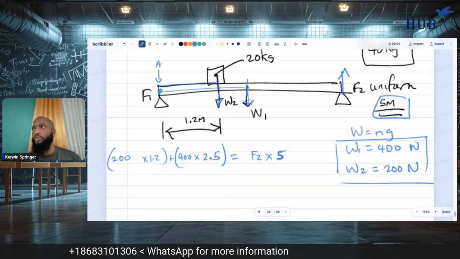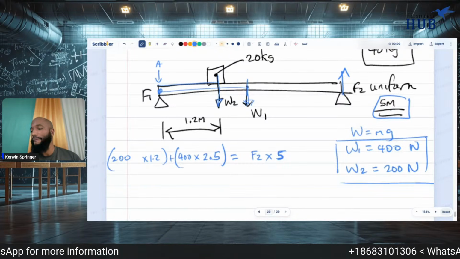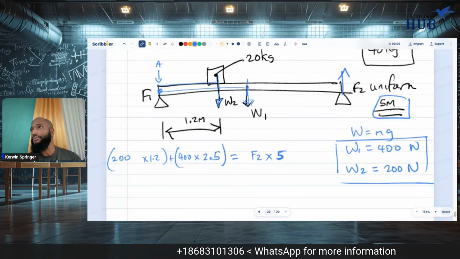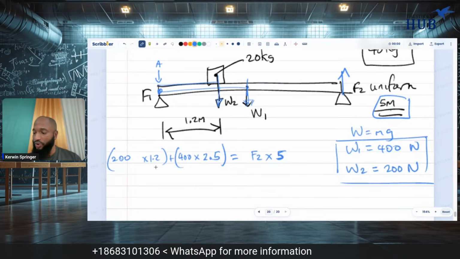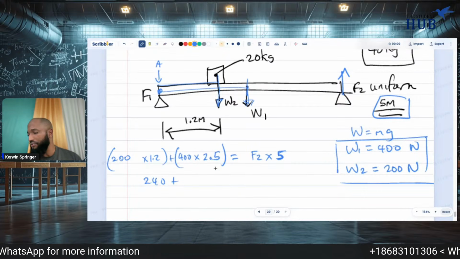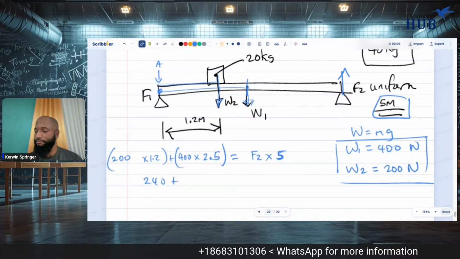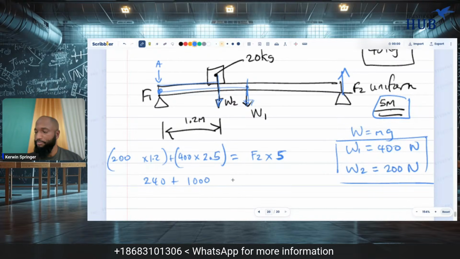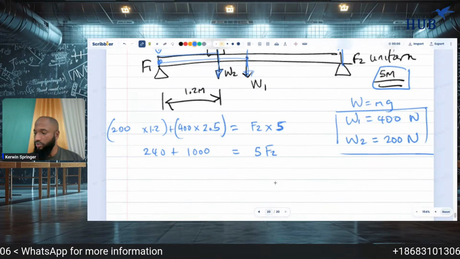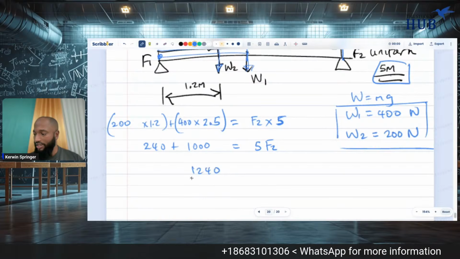So 200 times 1.2 is what? 240. Plus 400 times 2.5, 1,000, is equal to 5 times F2. 240 plus 1,000 is 1240. And then you divide by the 5.